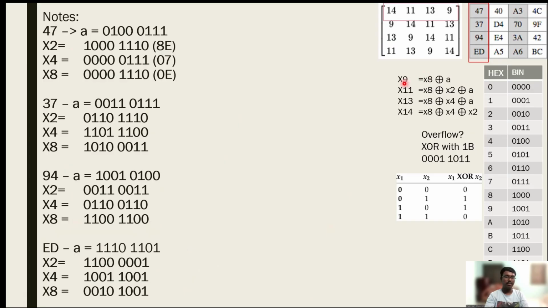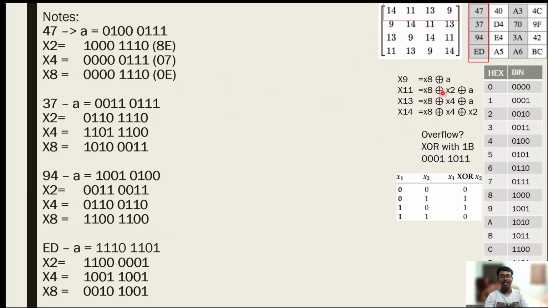We are going to multiply it if the value is 47. If 47 is multiplied with 14, whatever values we're getting for x8, x4, and x2, we are going to just XOR them. We'll get one answer, that is T1. Likewise, we are going to do it for 37. For 37, we are multiplying with 11.